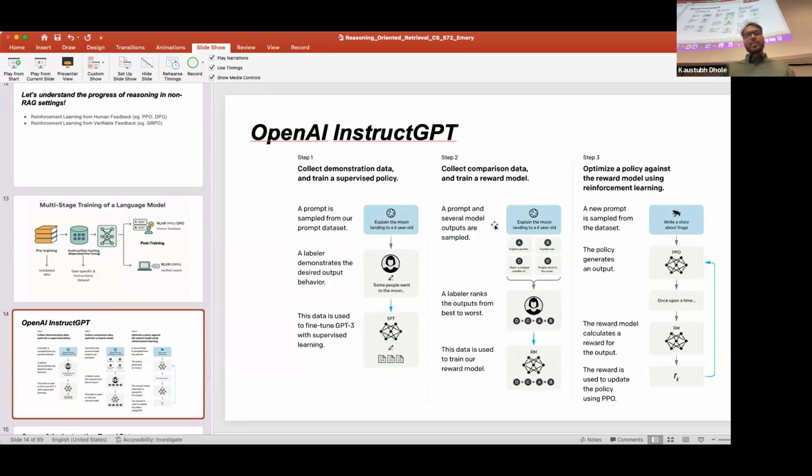Then the supervised fine-tuned model was prompted to generate multiple answers, and human annotators were told to rank these answers from the best to the least. This data was used to train a reward model. And now this process, with the reward model, becomes dynamic. The reward model was then used to further fine tune the instruction-tuned model of the first stage, with an algorithm called PPO, which is what we'll look at.